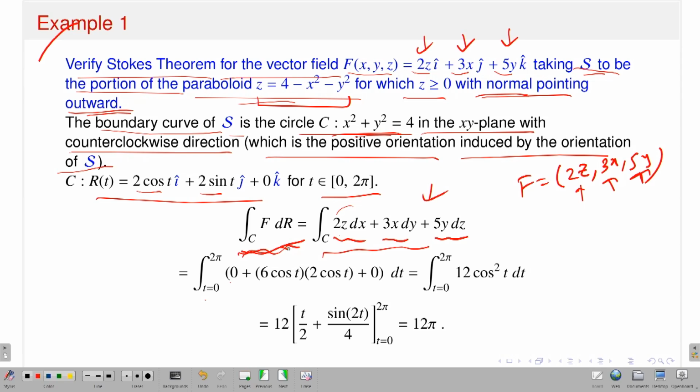The second one is 3x, that means 6 cosine t, and dy, where y is 2 sine t, gives 2 cosine t dt. What about 5y dz? Again z is 0, so it will not contribute. Only the second one contributes. So the integral you end up with is t from 0 to 2 pi of 12 cosine square t dt. If I do the integration, the value will be 12 pi. So this is the left hand side verified.